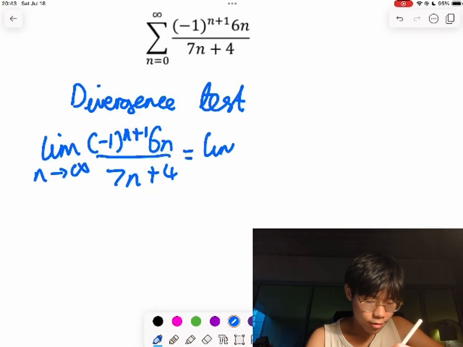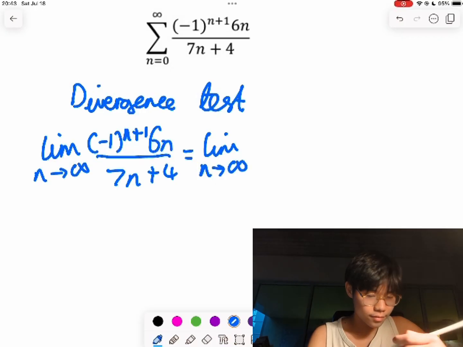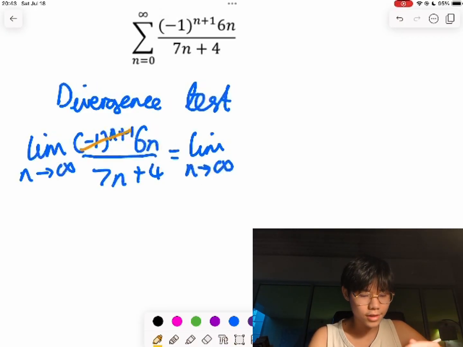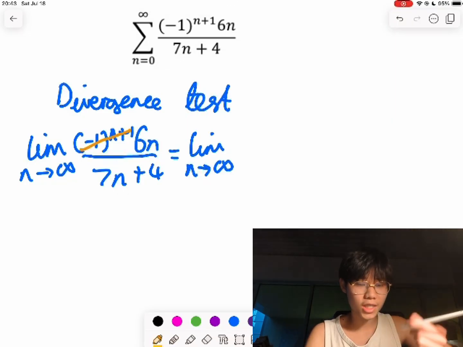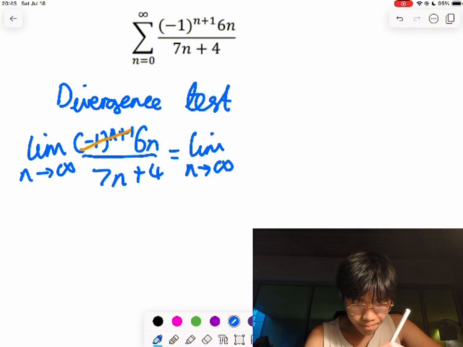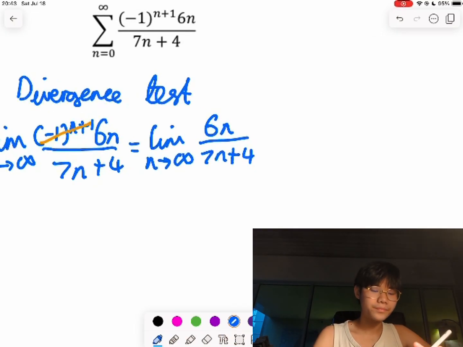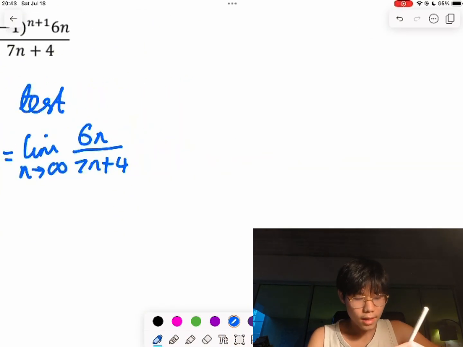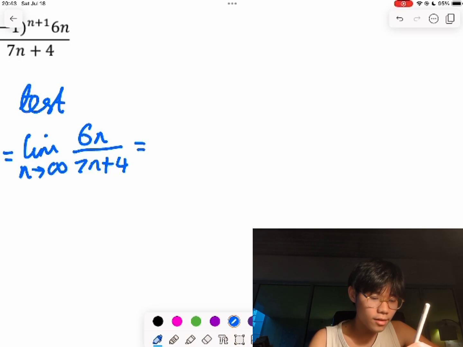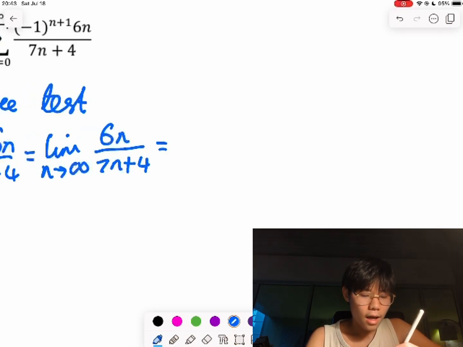Firstly, we can remove this alternate series, this -1, because it won't affect our limit. It just changes the sign. It doesn't affect the number. So we can ignore that. Okay. Next thing is we have 6n over 7n plus 4.